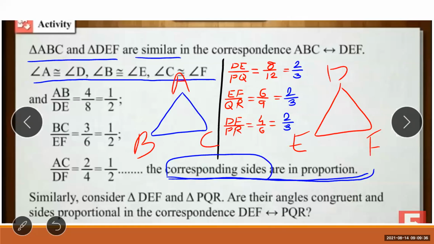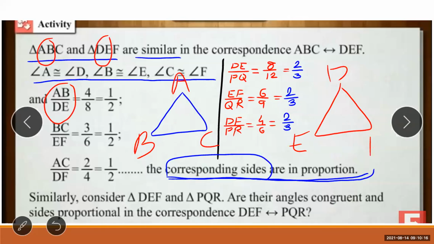Now here, the first segment, the segment joining two vertices, that means AB. By the name of the triangle, you can easily write it. The first two vertices, AB. So that is the segment AB divided by the first two of the other, that is DE. So AB by DE, this is the ratio.